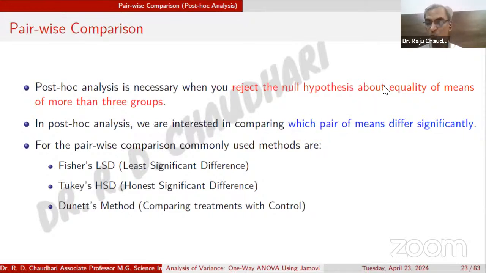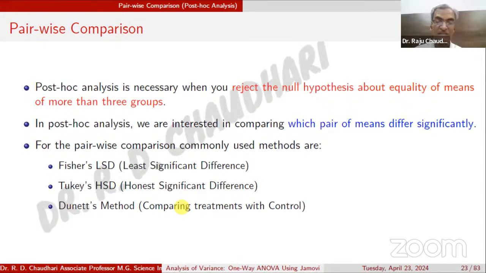There are different post hoc analyses. One is Fisher's LSD, the least significant difference. Another is Tukey's HSD, the honest significant difference. The next one is Dunnett's method. Dunnett's method is basically used when we are comparing some treatments with a control group, like a placebo group: one group without any treatment, another group with treatment 1, a third with treatment 2.